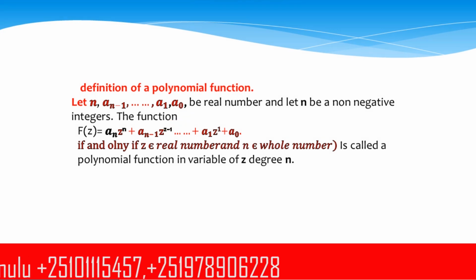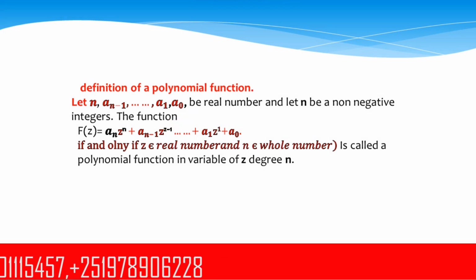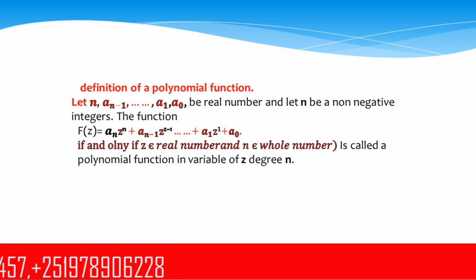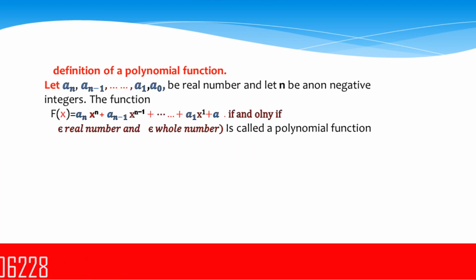The first one is a polynomial function in the variable x. The second one is a polynomial function in the variable y. The third one is a polynomial function in the variable z. Look at this.